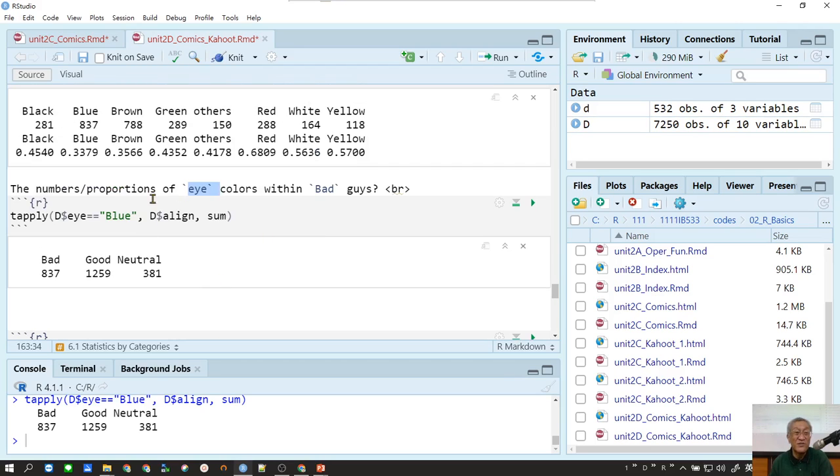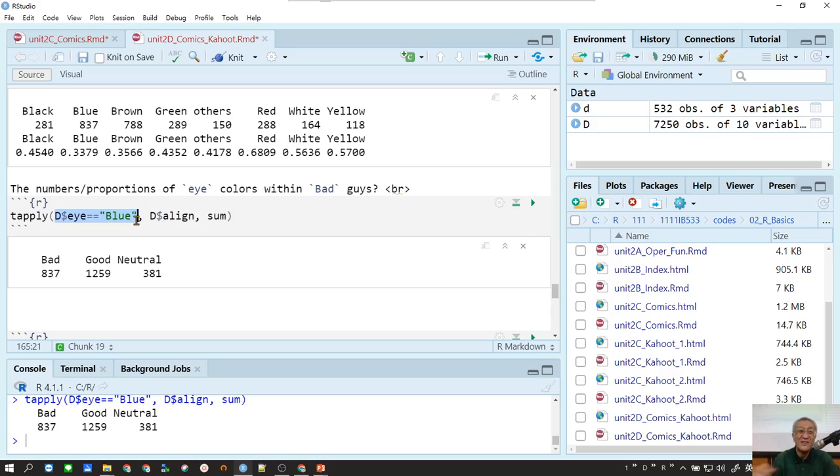If I want to answer this question with t-apply, it's very inconvenient. When I'm using t-apply, I need to have the eye color specified, and each line of code, I can only look into one eye color. It's too specific.